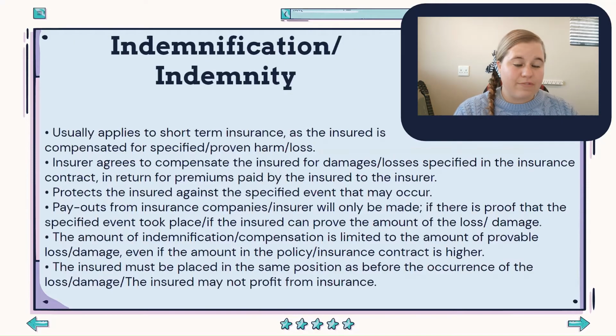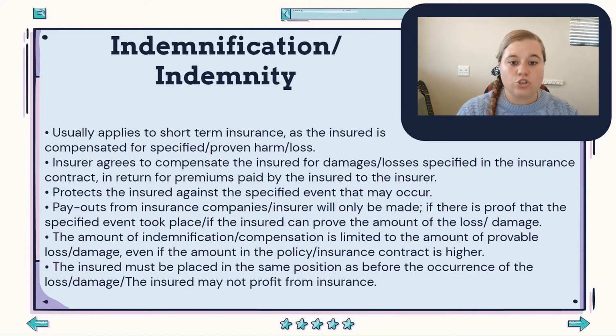So indemnification or indemnity usually applies to short-term insurance, as the insured is compensated for a specific proven harm or loss. The insurer agrees to compensate the insured for damages or losses specified in the insurance contract in return for premiums paid by the insured to the insurer.